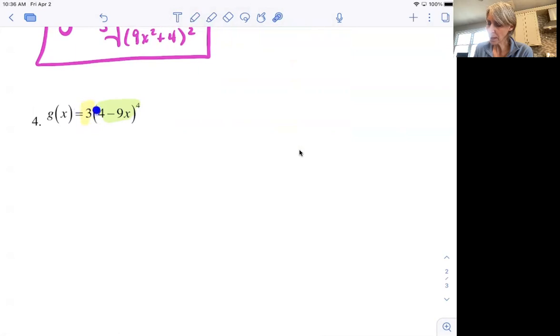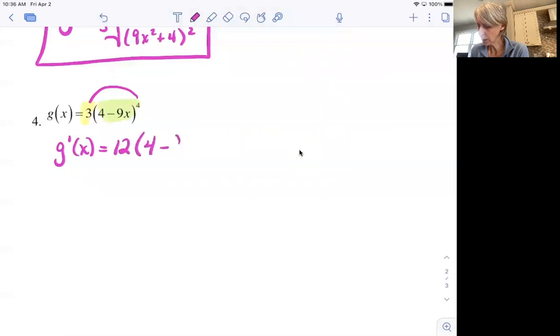This is just a multiplier. There's no variable attached to it. Okay, so we can just treat it like a multiplier. So we're going to take the derivative of the outside, very similar to the power rule we first learned. Subtract 1.